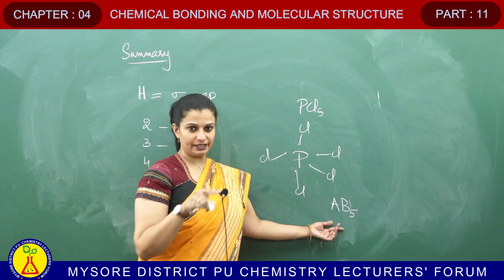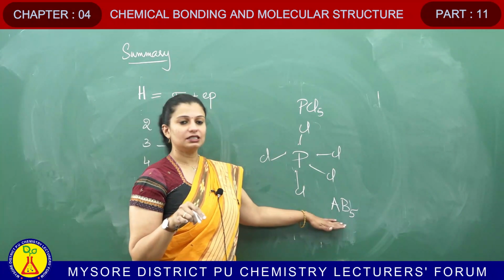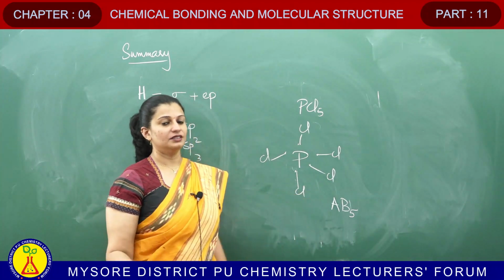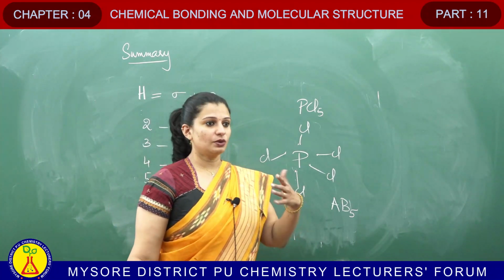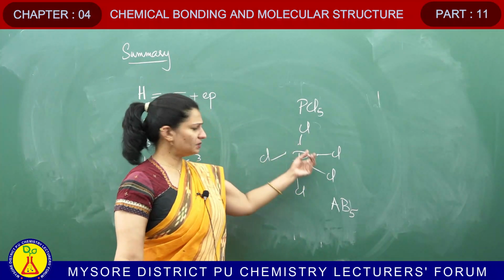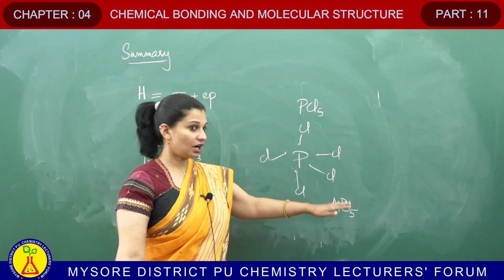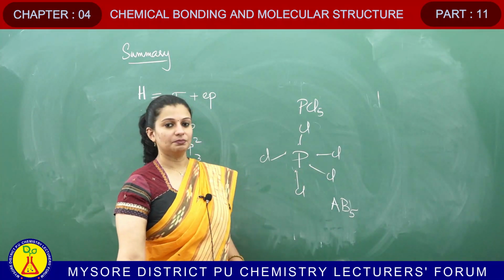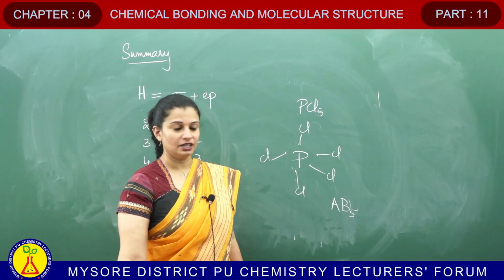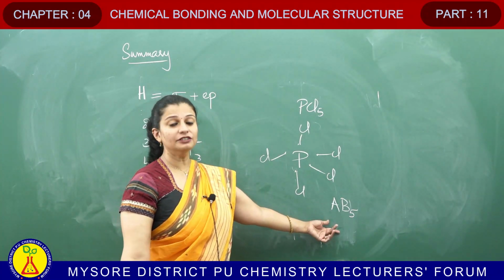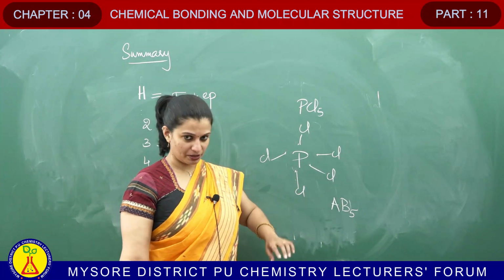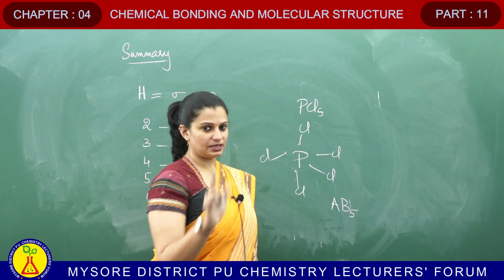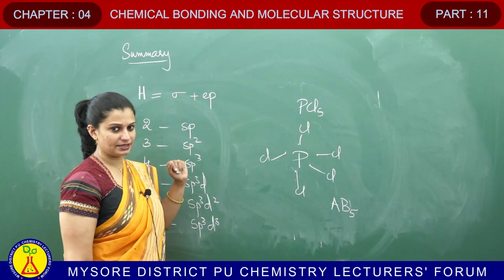Look into your summary chart and tell me what is the geometry of AB5. The geometry and the shape for AB5 is trigonal bipyramidal. So without even memorizing the example, take a minute and do this. Remember the chart, of course, but you can easily categorize your example into whichever formula you have. So this comes under the category of AB5, with a trigonal bipyramidal geometry, and the shape is also the same. Now, what about the hybridization?